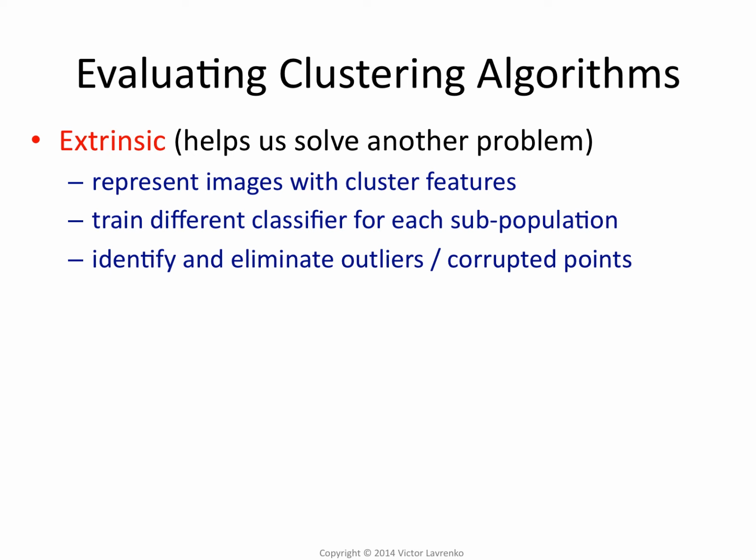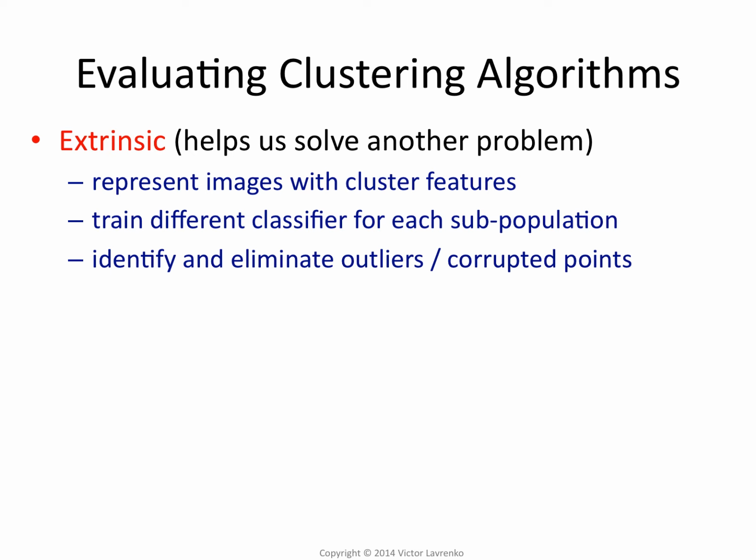Or you could do it in a different way. You could take your data set, use k-means clustering to separate it into several different groups, and then train a separate classifier within each group. Maybe hoping that all the images in one group look like each other, so hopefully classification will be easy in that more homogeneous set of images, and then you'll have a separate classifier for each cluster.